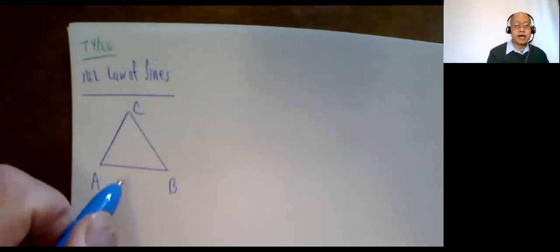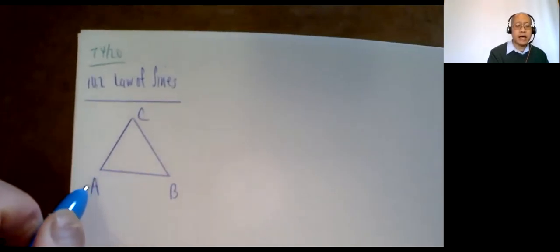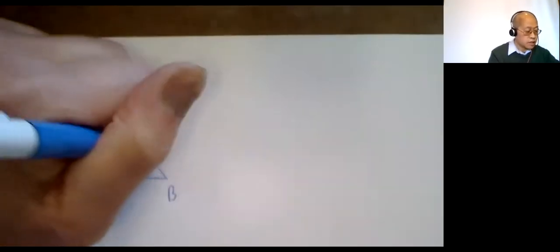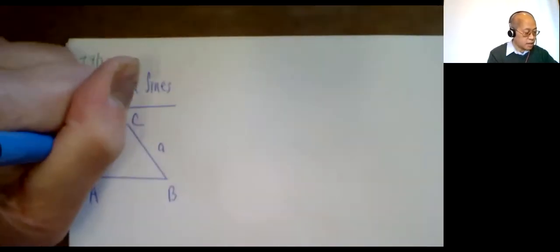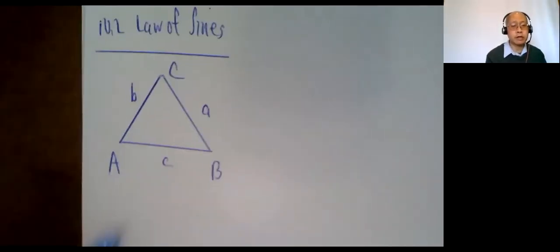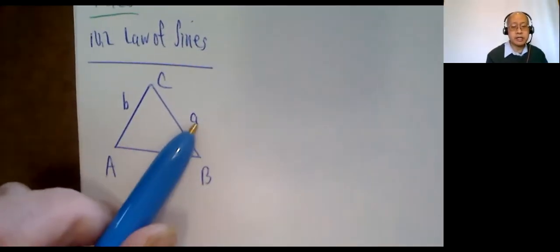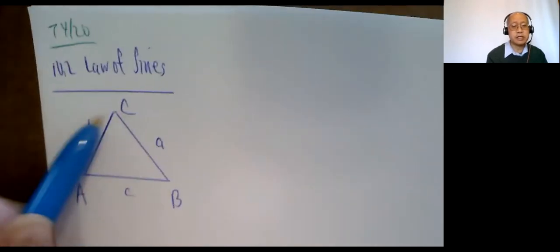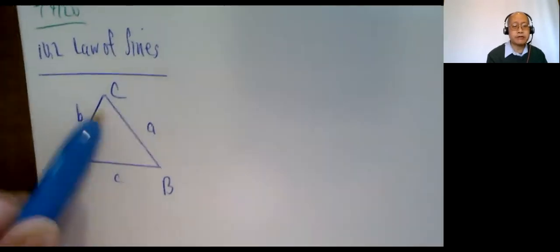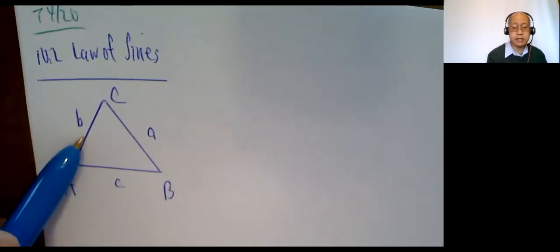For the three sides, little a is opposite capital A, little b is opposite capital B, little c is opposite capital C. So it goes like this, A, B, and C. So the convention for a general triangle is angle A opposite side a, angle B opposite side b, angle C opposite side c. So capital letters for the angles, little letters for the sides.